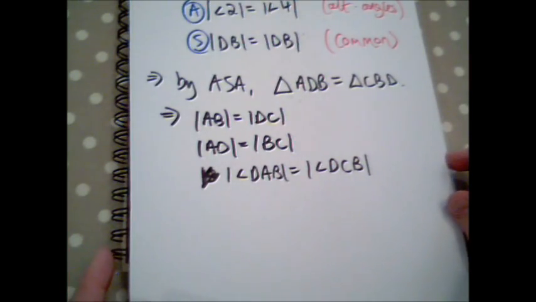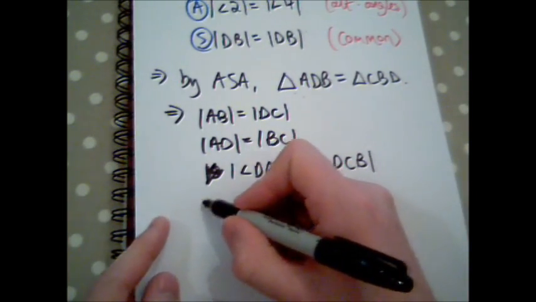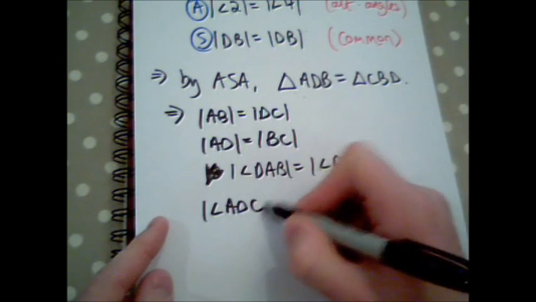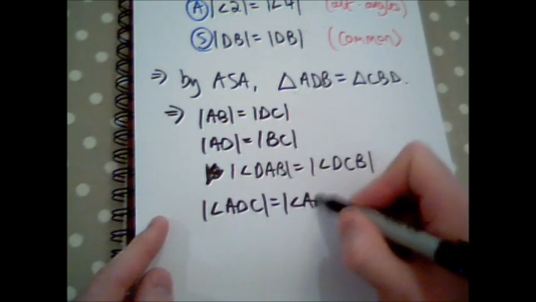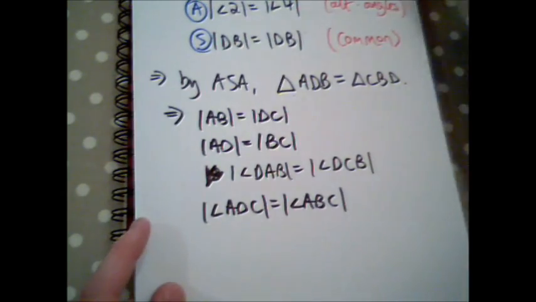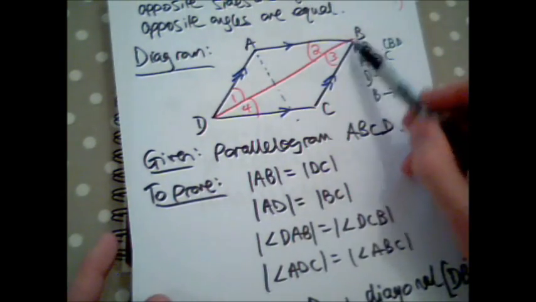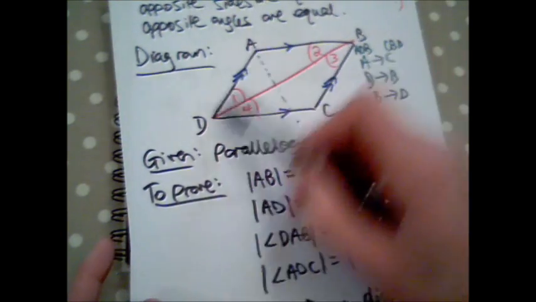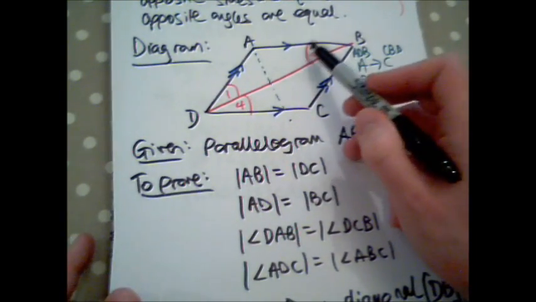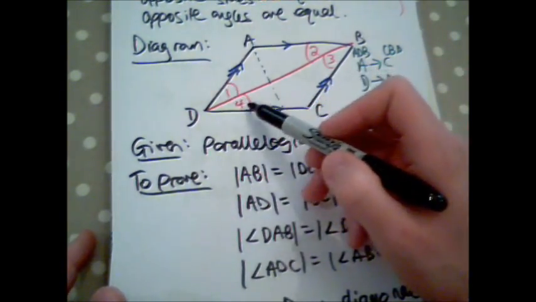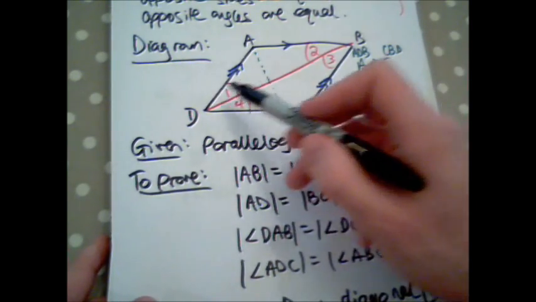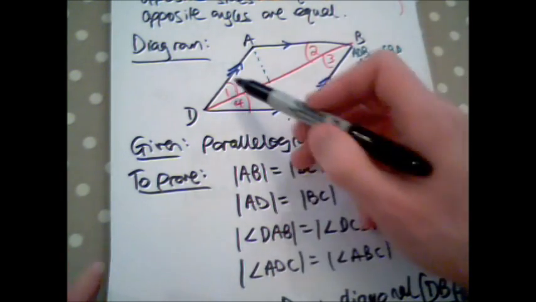And then the final thing is we want to show that ADC equals ABC. So just coming back here again, we want to show that ABC, this whole angle, equals this whole angle. Well, that's true because 2 and 3 equals 1 and 4. 2 and 4 are the same, 1 and 3 are the same, so 2 and 3 equals 1 and 4.